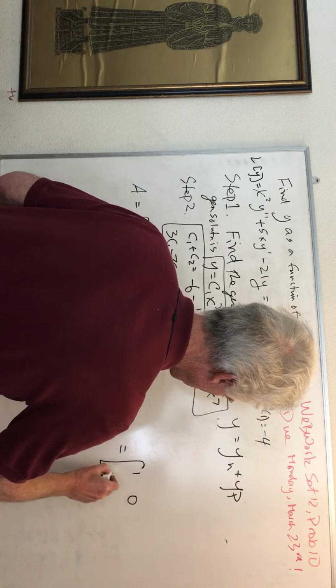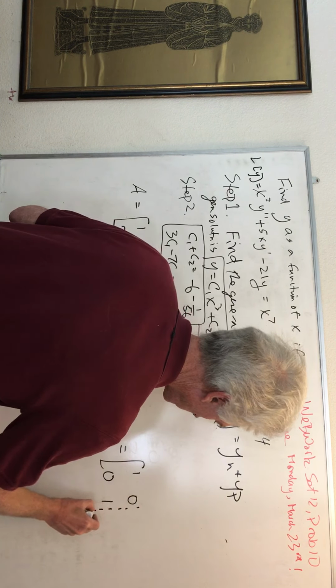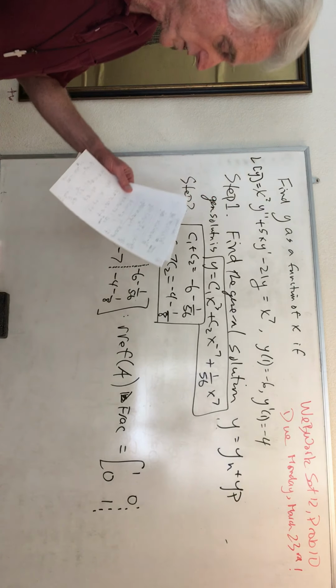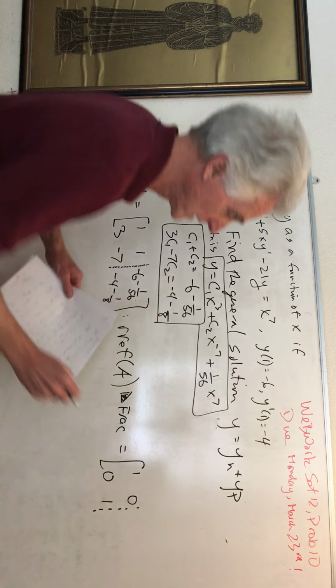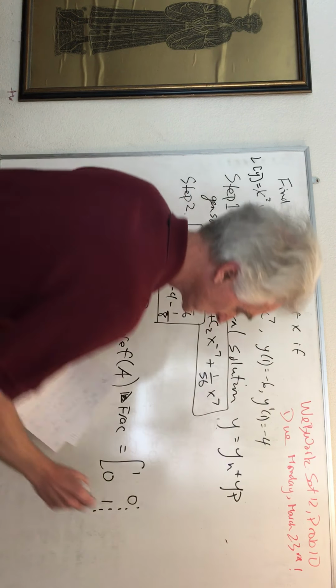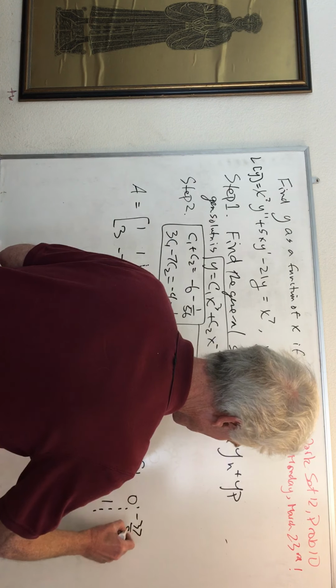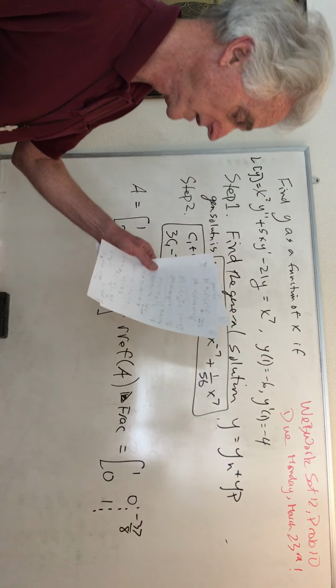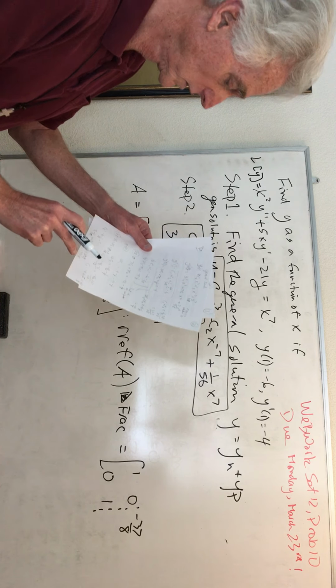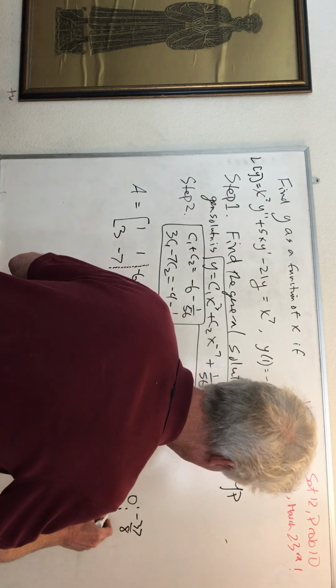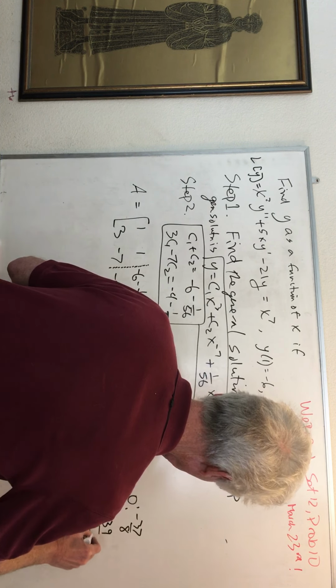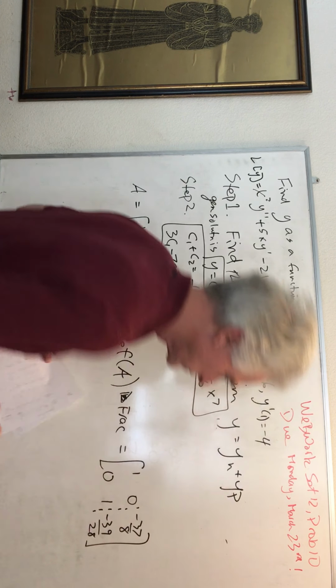And that turns out to be, I have it written down here, the first part's a 1, 0, 0, 1, and after converting to a fraction, I get minus 37 over 8. And then the next one, C2, is minus 39 over 28. Wow.